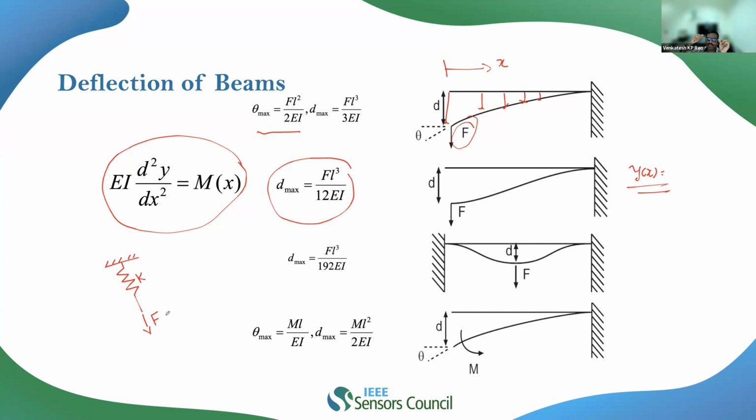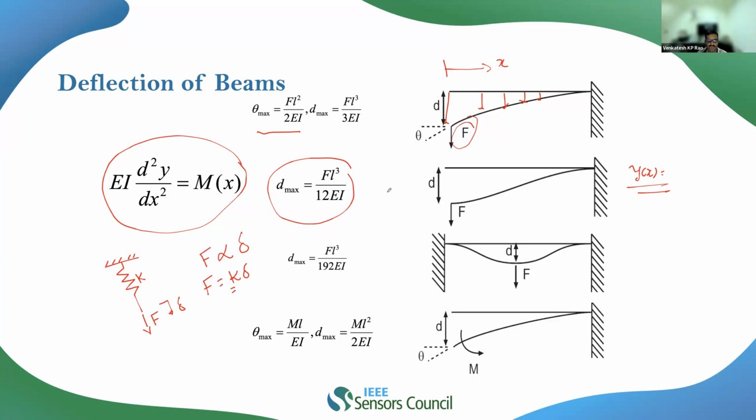Now I am going to apply a load. Then there is a deflection, correct? So whenever I apply a load, there is a deflection delta. So the force is directly proportional to the deflection, and this proportionality constant is basically the stiffness of the structure.